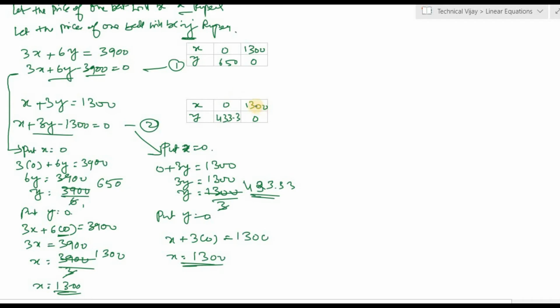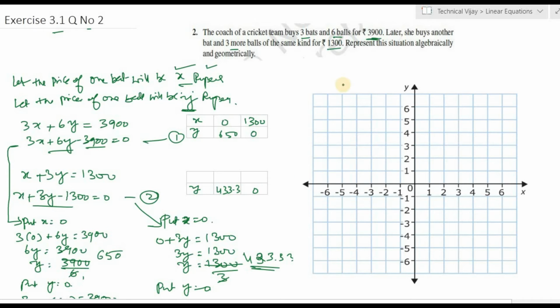So these two values we will represent in the graph. So for x equal to 0, this is x equal to 0, and 650, y will be positive 650. So here up to 6 it is there, we will assume this up to 650. So this is 1 point.